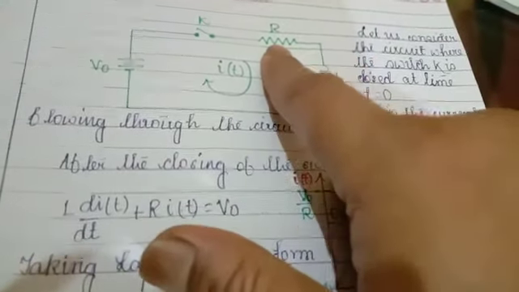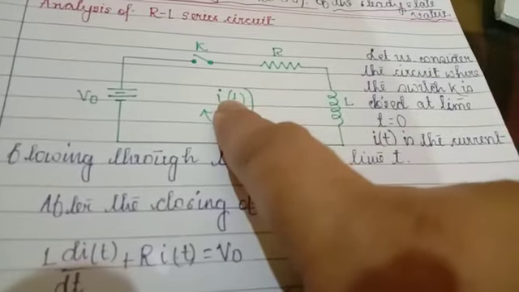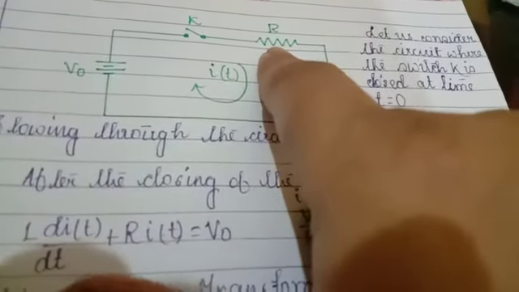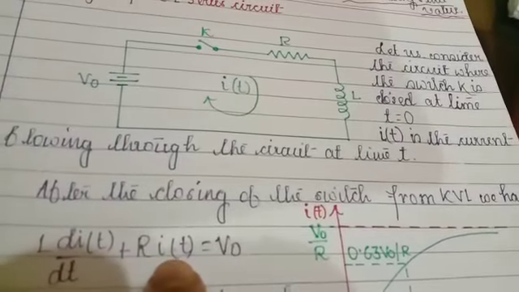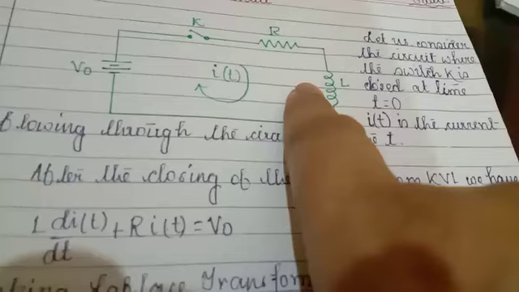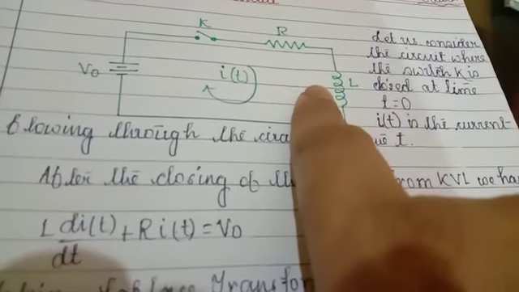What is the voltage drop across R? If i(t) is the instantaneous current, then the instantaneous voltage drop across R will be R into i(t). And what will be the voltage drop across the inductance L? It will be L di/dt.